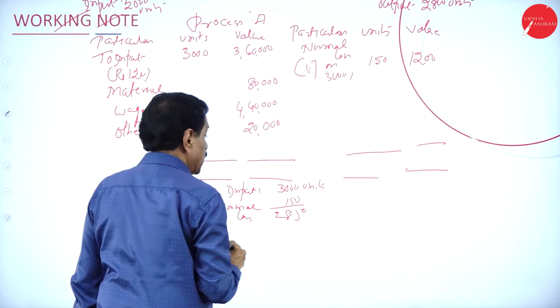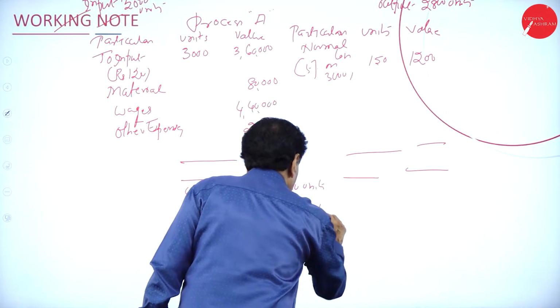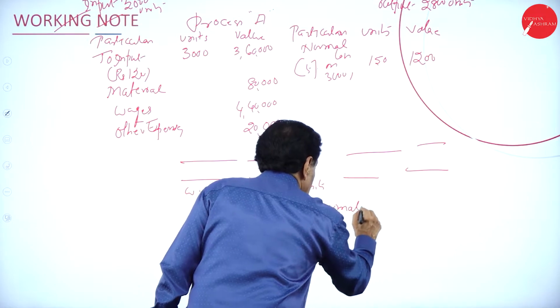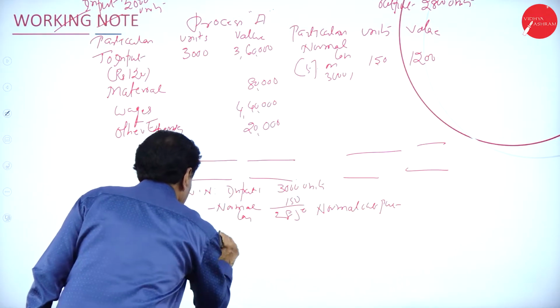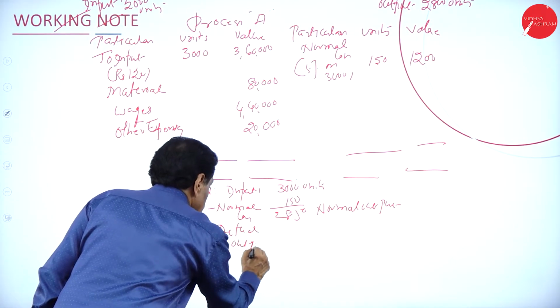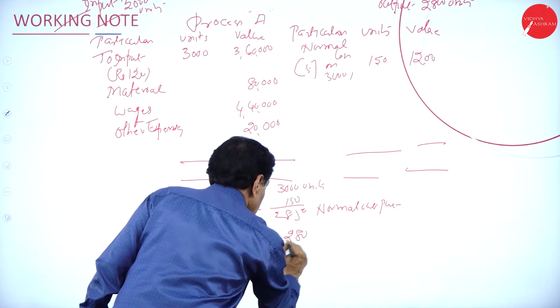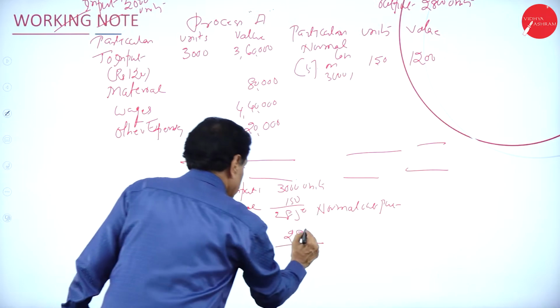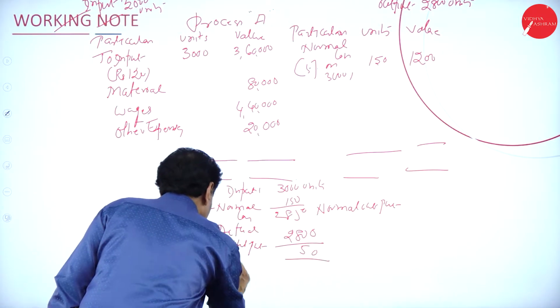This is 2850, the normal output. Normal output minus actual output 2800. So 50 is the abnormal loss.